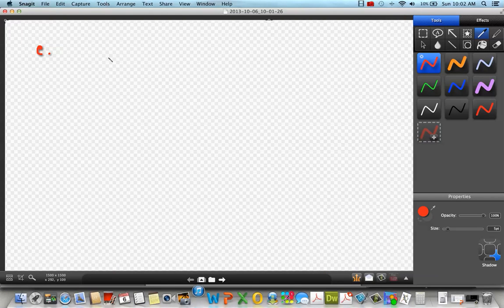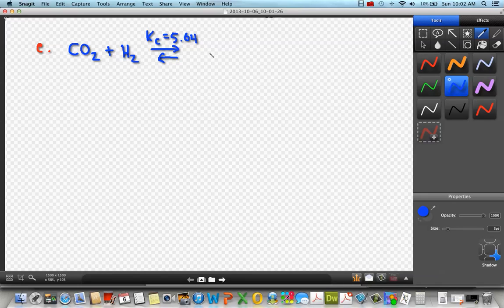So again, let's write our ICE diagram. CO2 plus H2 yields, with a Kc of 5.04, H2O plus CO. Now those are all gases.